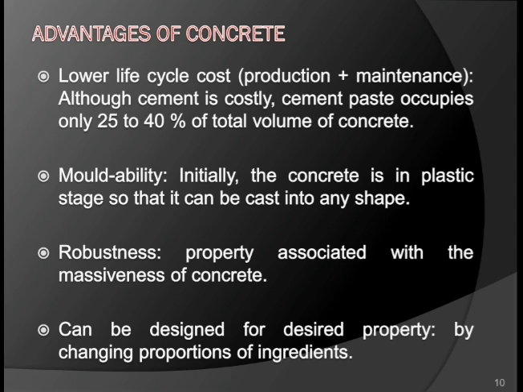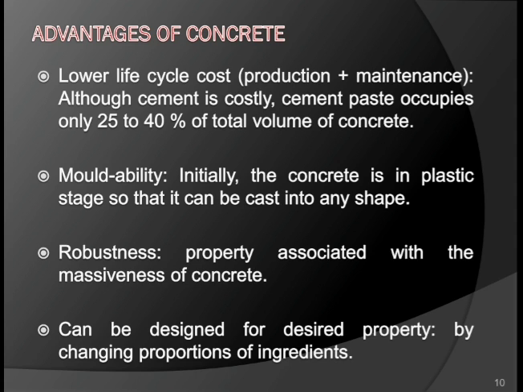Bridge construction, bridge piers, underwater structures, and easily we can work with concrete. So mass construction work is possible with concrete only, and that advantage is known as robustness. Clear?